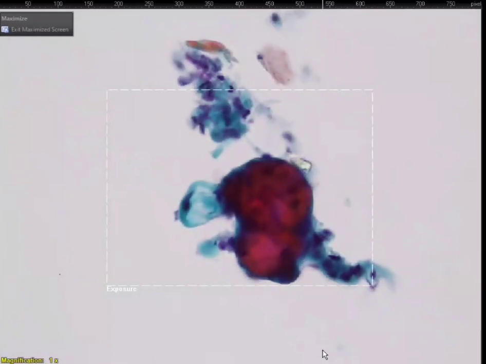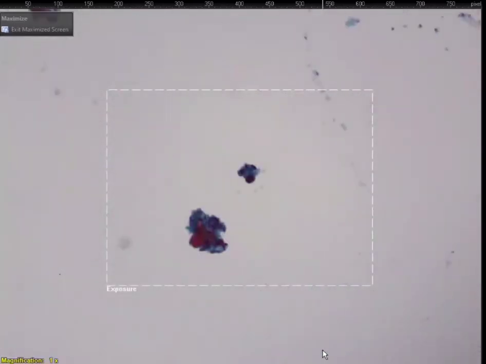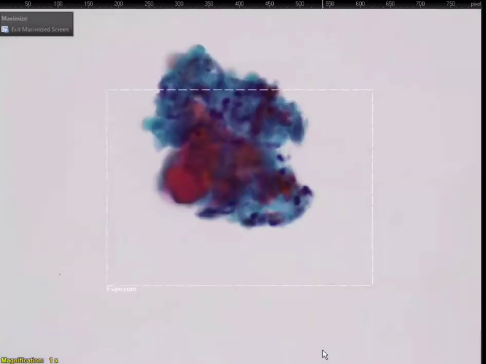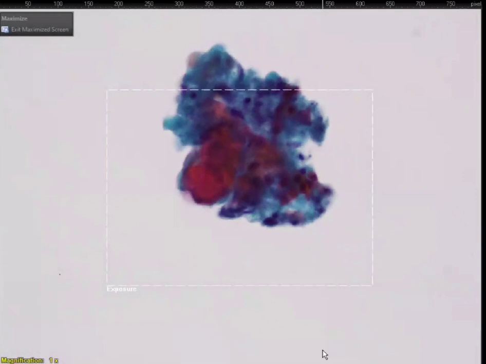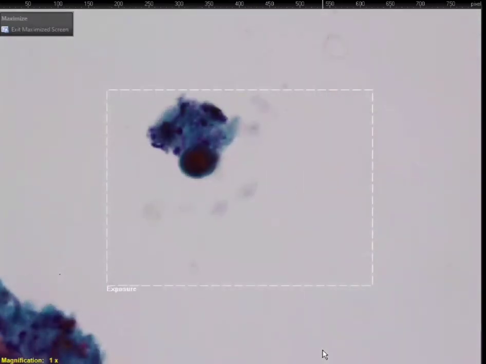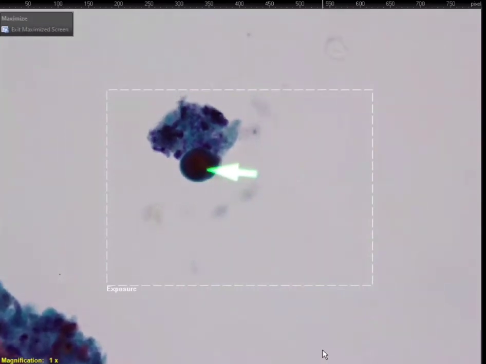Nucleus up there. Wow, look at those rings. Can you see them? They almost look like psammoma bodies, but they're not. Rings, keratin rings.